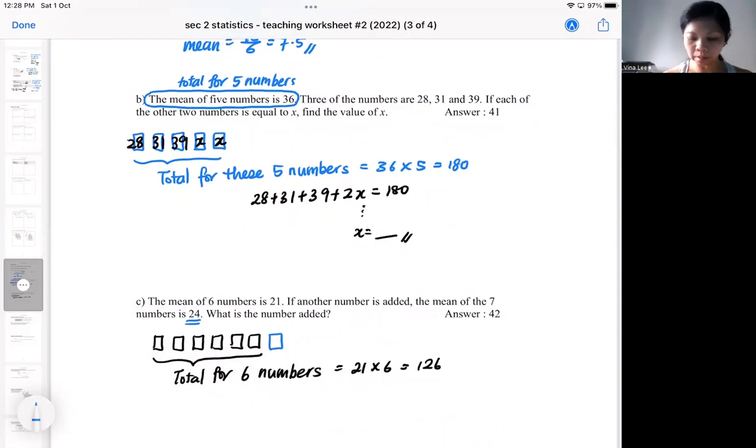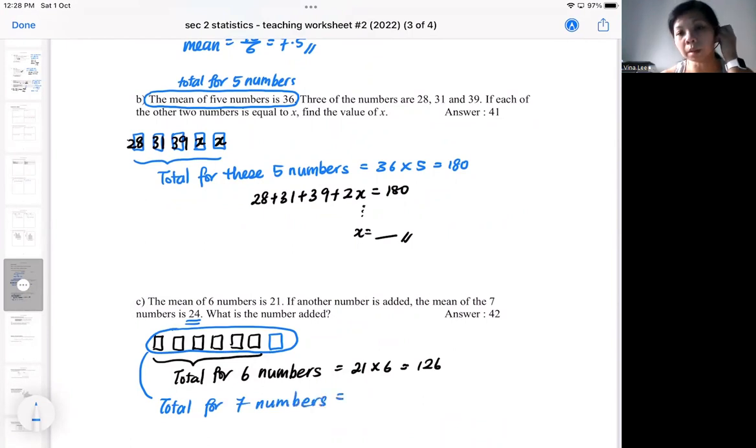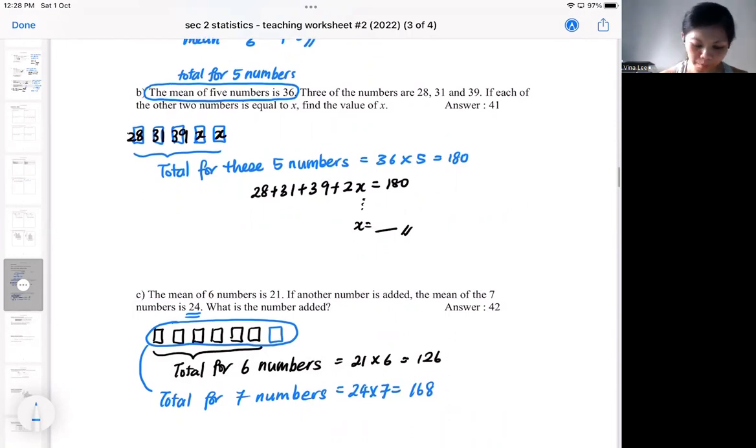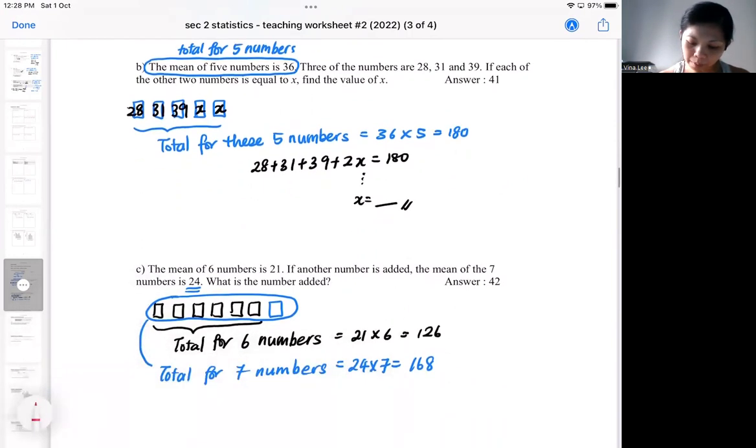So I should be able to find out the total for the 7 numbers with the new average. From here, I can find the new number that has been added on. The new number added on will be the difference between the 2 totals.